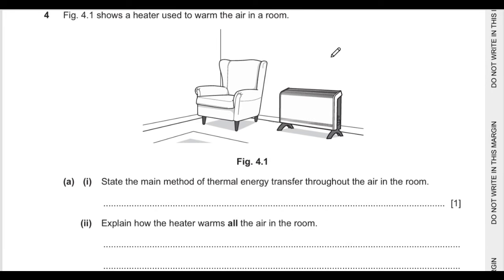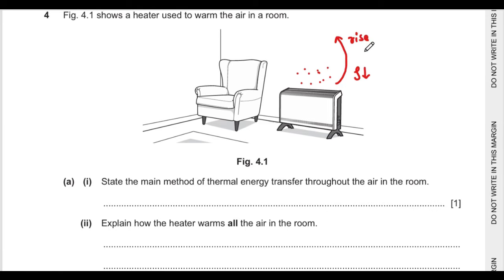You know that if the heater is burning, the air above the heater will start getting warmer and the density of the air will start decreasing, and the air becomes less dense and rises above.